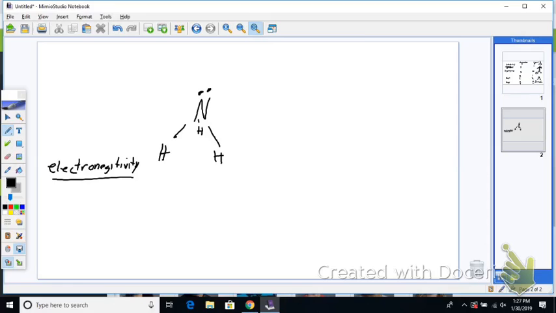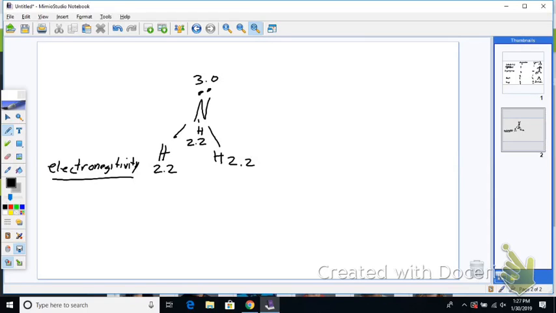Okay, the higher the number, the more of a share that it's going to have. So, hydrogen's electronegativity is 2.2, and nitrogen is 3. Okay?